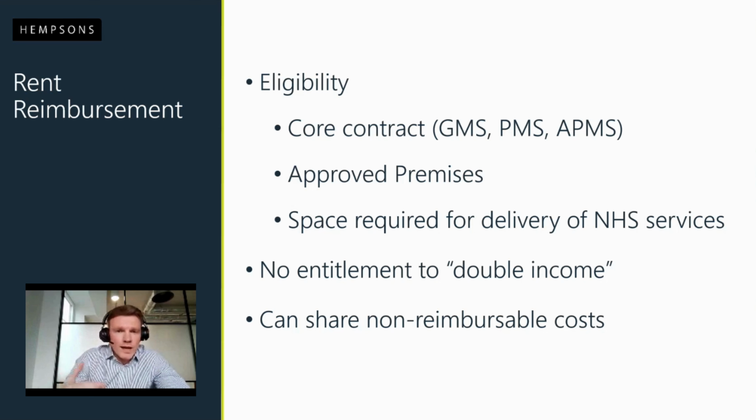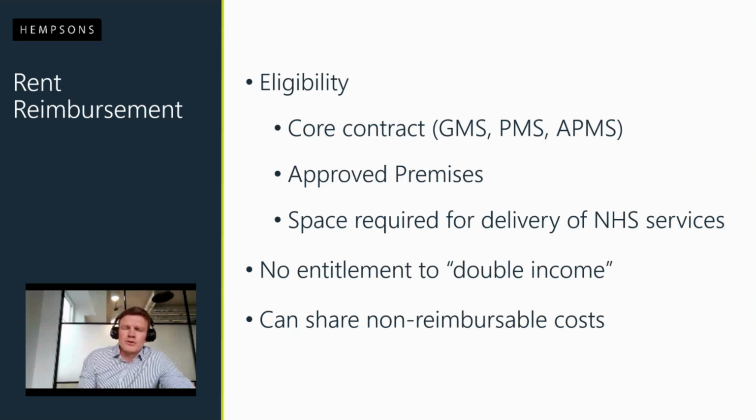But what you are allowed to do, if you are sharing the space, is perhaps arrange for a contribution to be made by that third party occupying towards your non-reimbursable costs. That should be completely fine, provided that you're not charging that third party a rent itself. It's only an issue if you have a rental income from them, again with that double income principle.